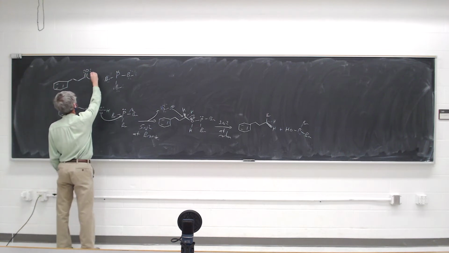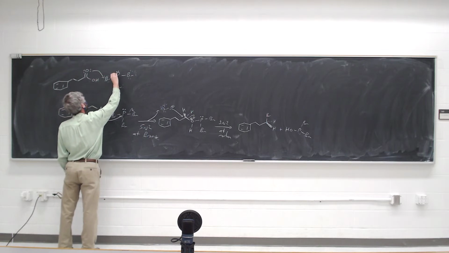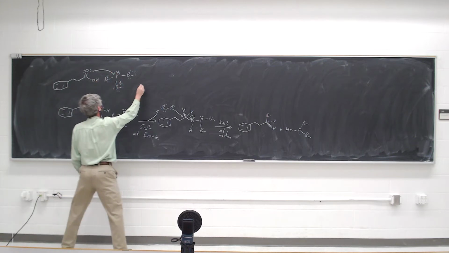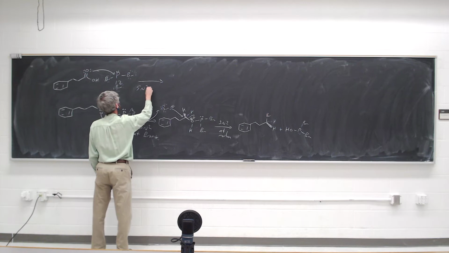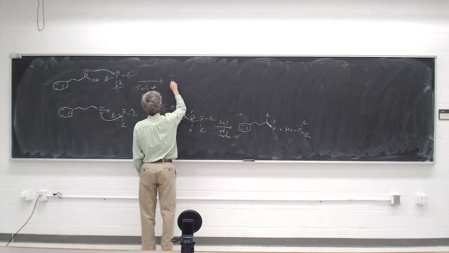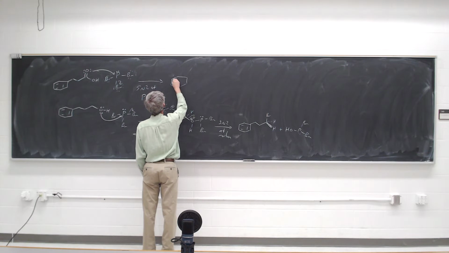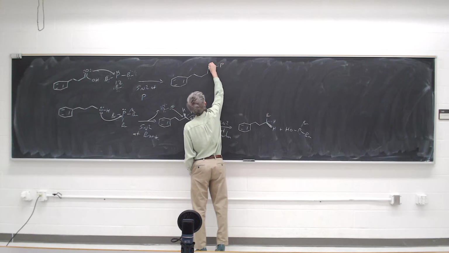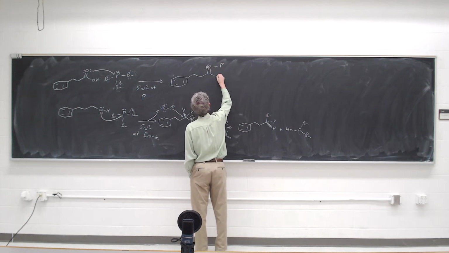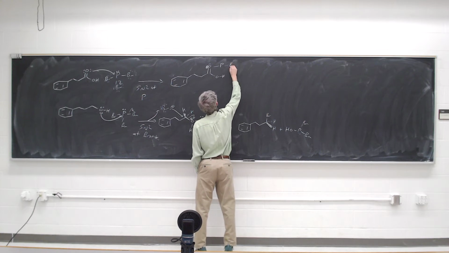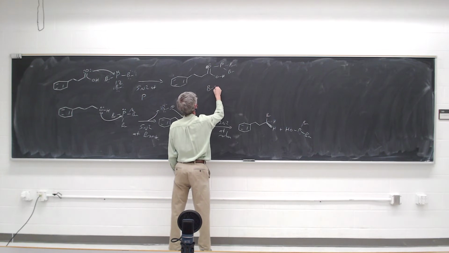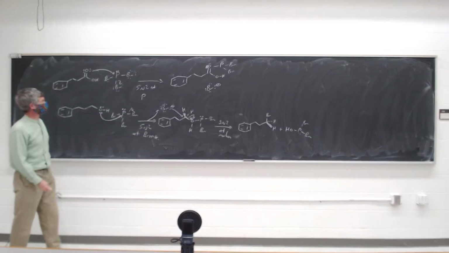So it's the double bonded oxygen reacting at phosphorus and kicking out bromide, but it's still an SN2 reaction at phosphorus. And it kicks out bromide.